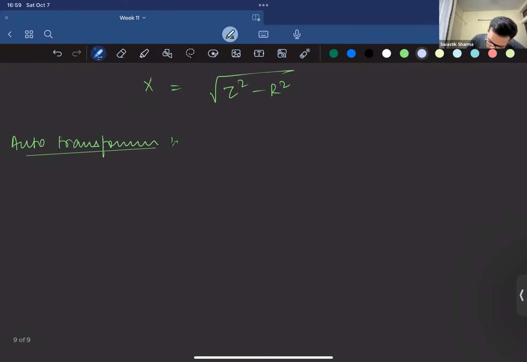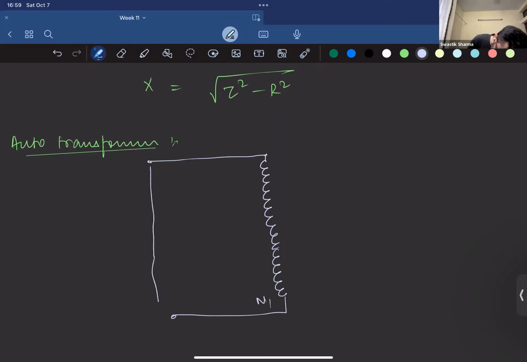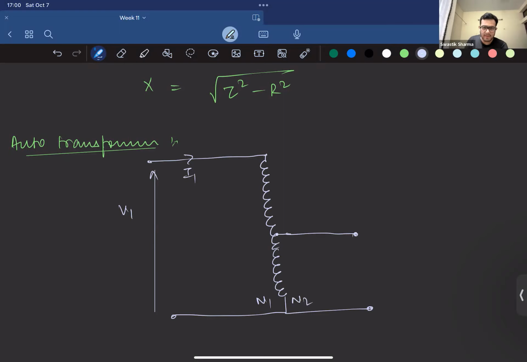So what do I mean by that? Let's say I have a coil, right, with some N1 turns, and I am supplying it V1. But now I tap it in between, let's say here, and take this value where it's some N2 turns. We get some V2 voltage with I2 current.